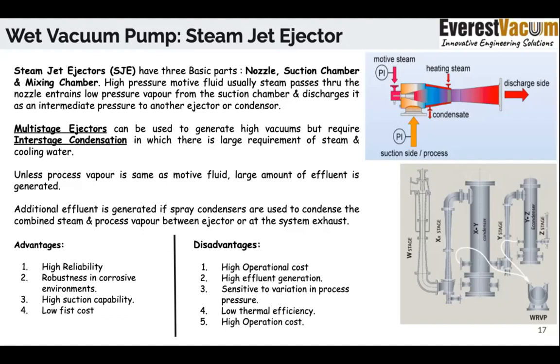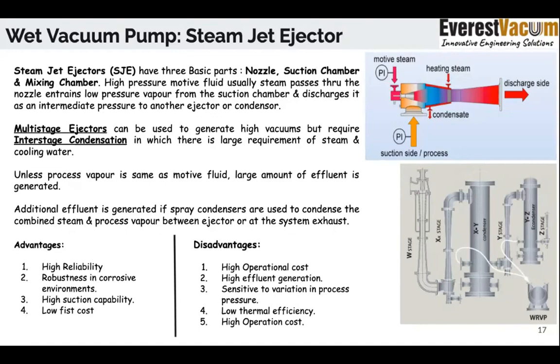Probably at that time, if the customer would have demanded 40,000 meter cube, we would have had to tell him, either boss, you use 8 boosters in parallel, or you use a steam jet ejector. And the first cost is low.